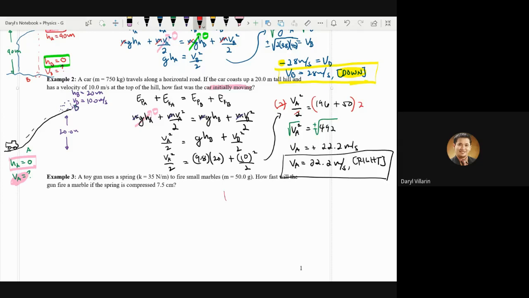The toy gun would be that one there, and then you have a spring inside. Okay, then you have this. So this would be the initial state. So I call this one at A. And then at B, this particular marble now moves.